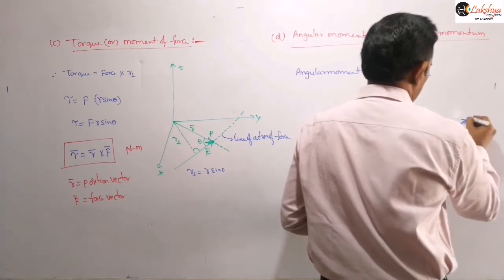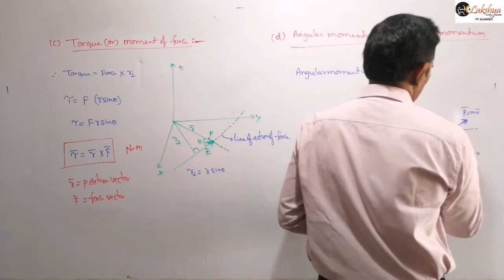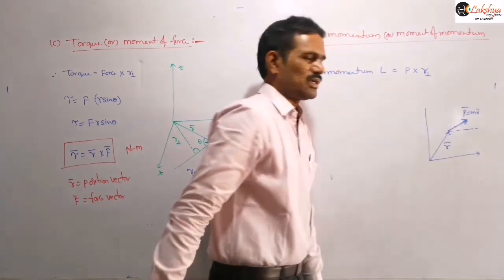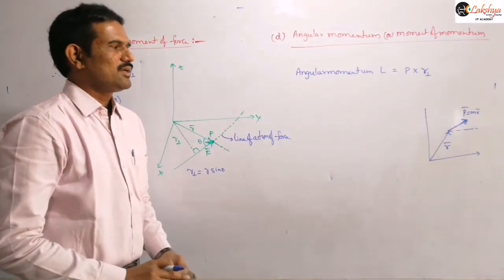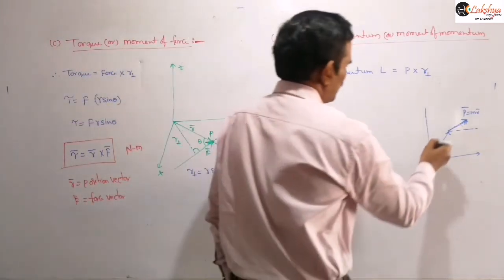This is the direction of the linear momentum, which is mv bar, and this is r bar, the position vector of this particle. Now we need to find the perpendicular distance of this direction of momentum.